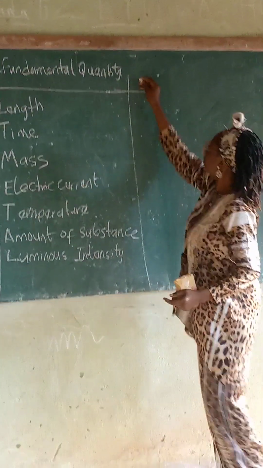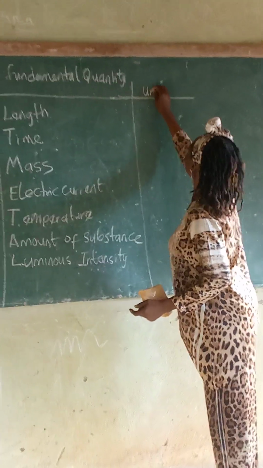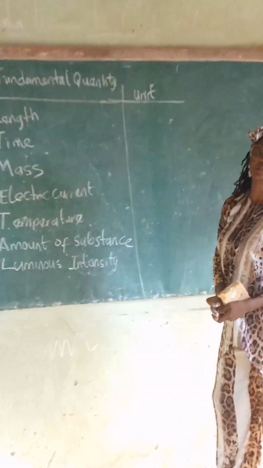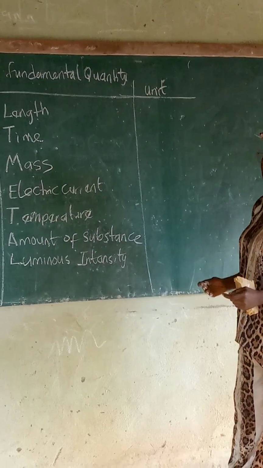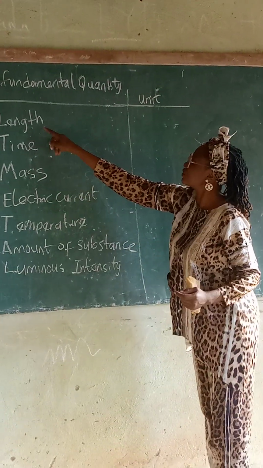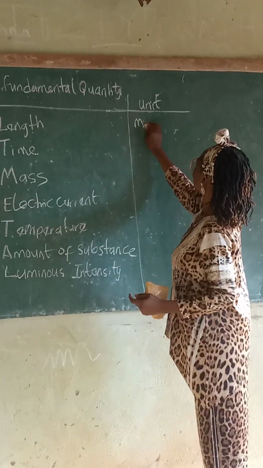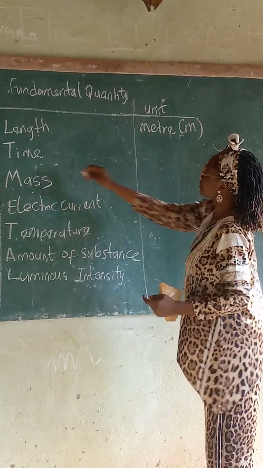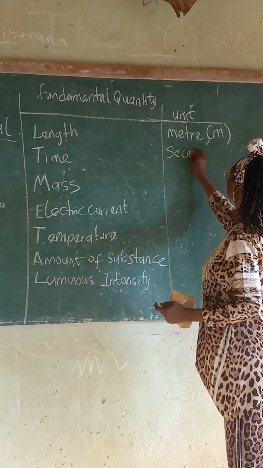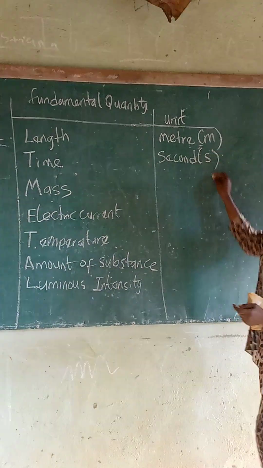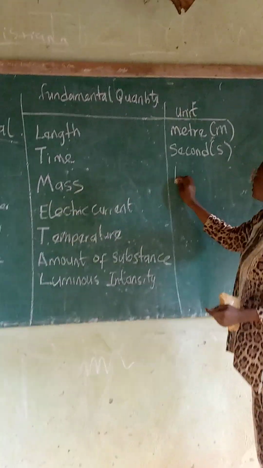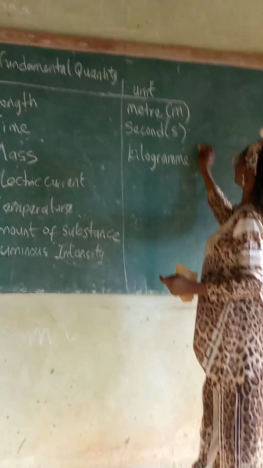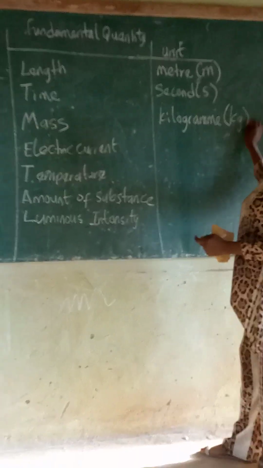Now, the units of these fundamental quantities are called fundamental units. The unit for length is meters, the symbol is m. The unit for time is second, and the symbol is s. The unit for mass is kilogram, and the symbol is kg.